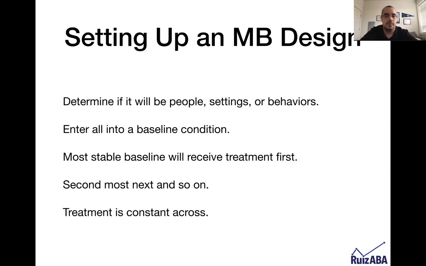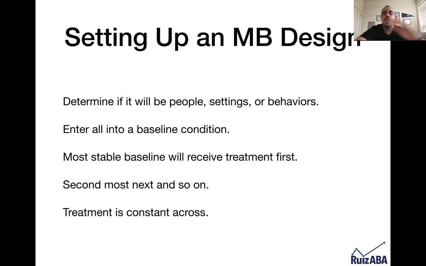Now, to set up a multiple baseline design or its variations, you first have to determine if it's going to be based on people, settings, or behaviors. And then once you make that determination and you have what you're measuring, you're going to enter everyone into a baseline condition. The most stable baseline will receive treatment first, then the second most stable baseline, and so on.